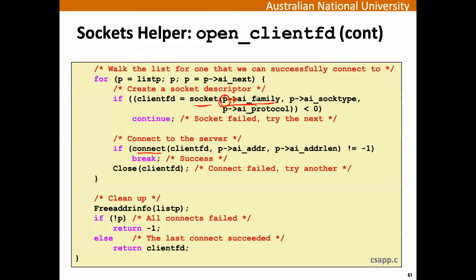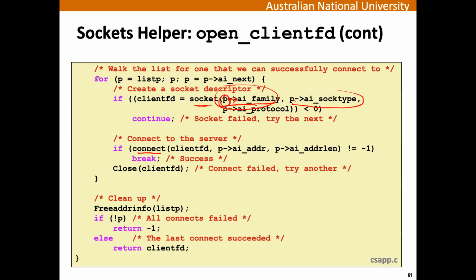family and socket type returned by the getaddrinfo function. So we're not taking any guesses what this is and what this is, even though for our purposes, these will be AF_INET and SOCK_STREAM.